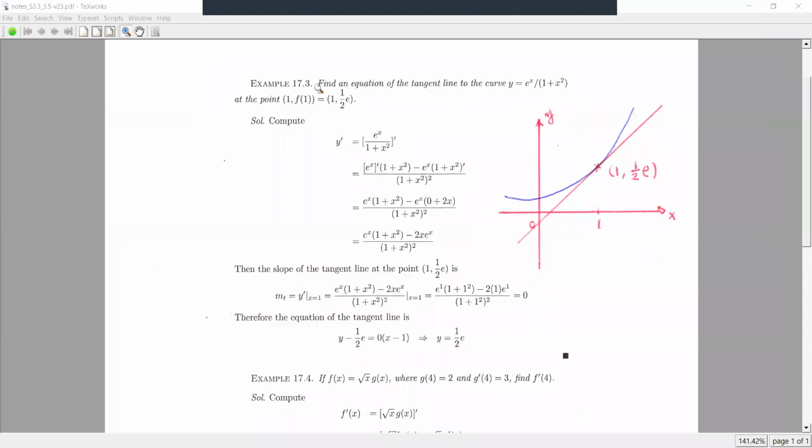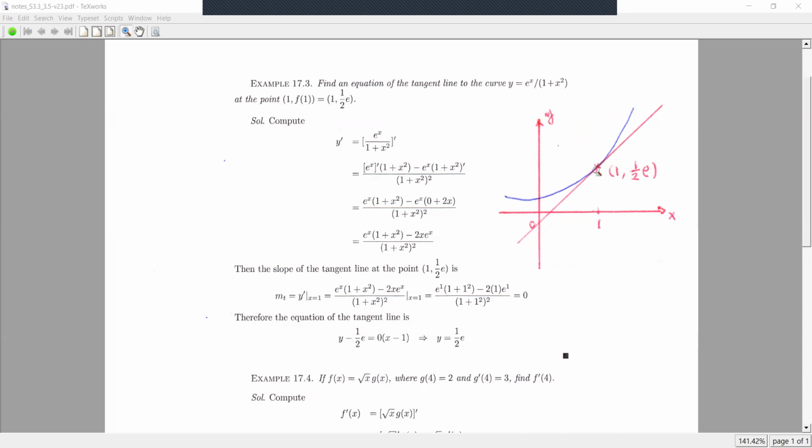Example 2. Find an equation of the tangent line to the graph of this function at this point. This point is a point on the graph of the function. To help myself answer the question, I arbitrarily draw a curve and suppose this curve is the graph of this function.